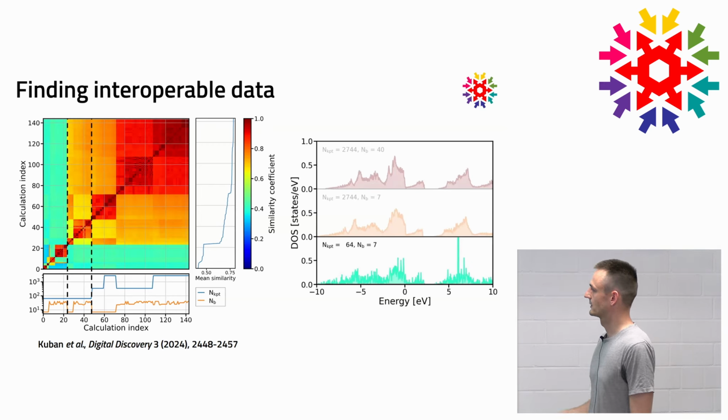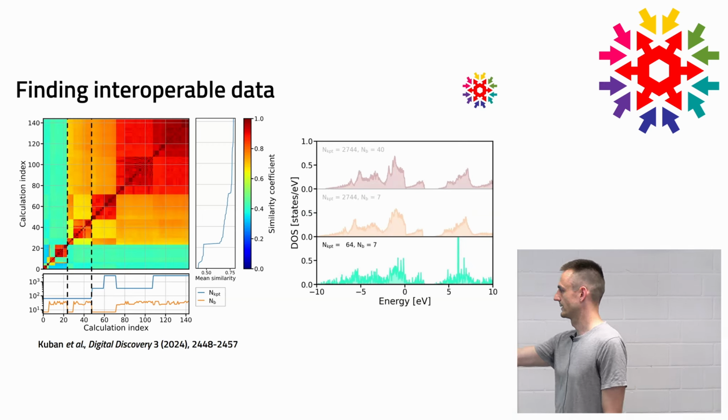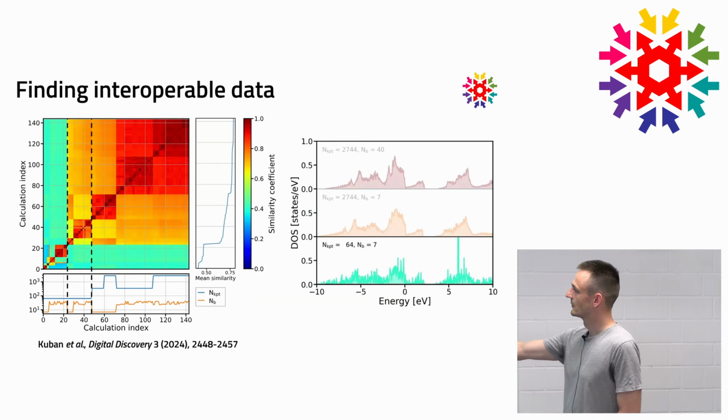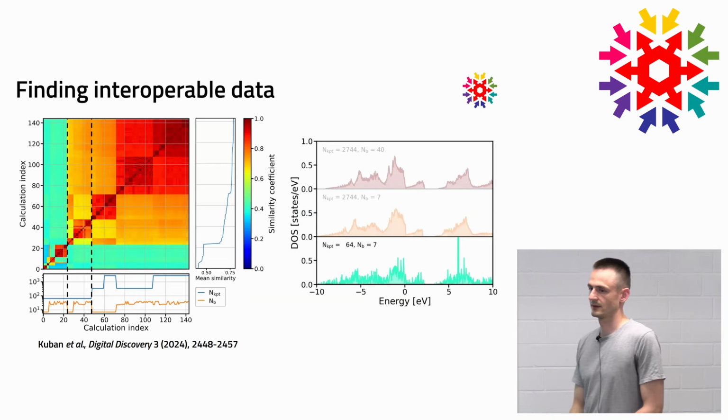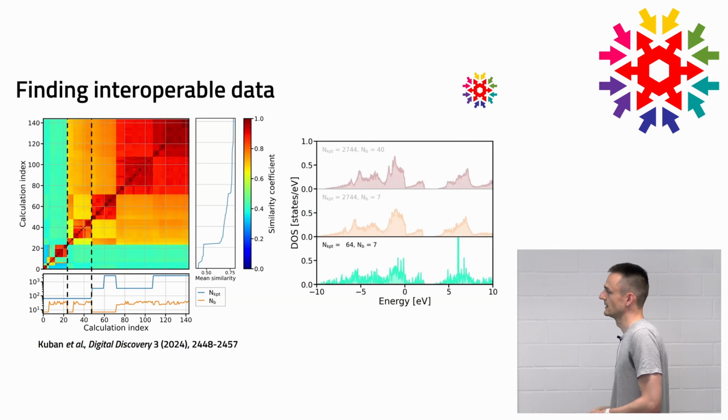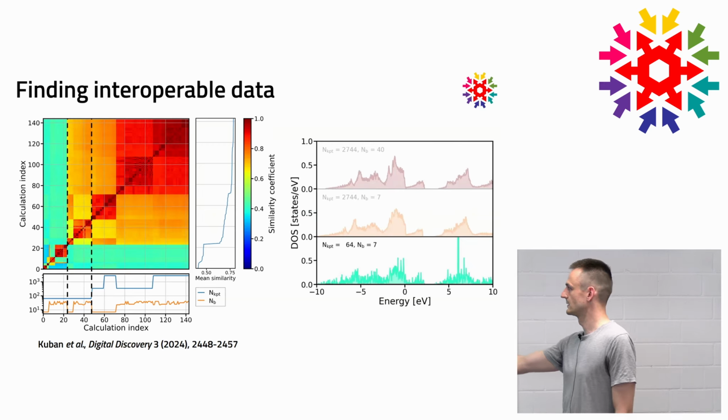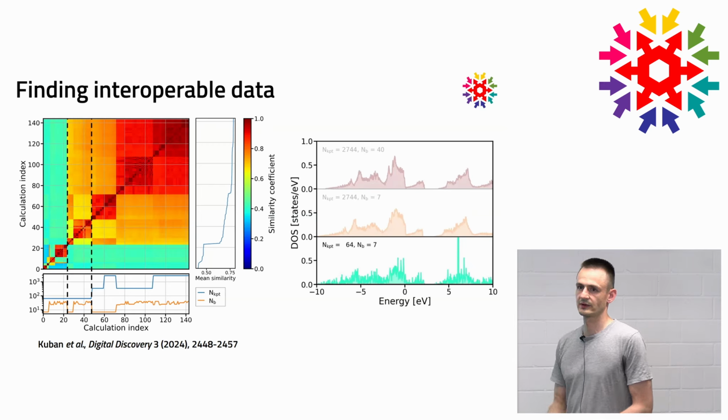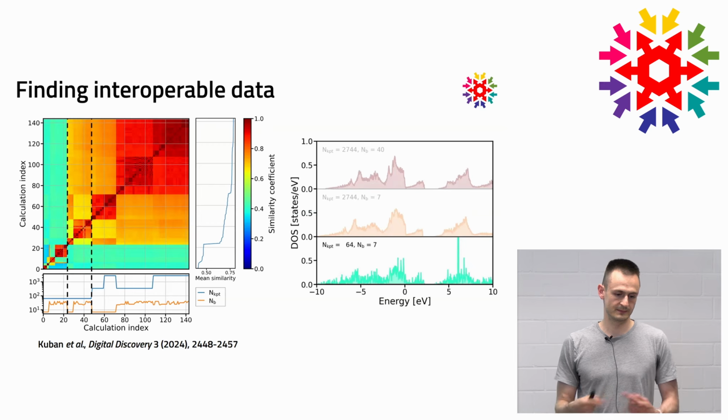What is more interesting, though, is that we found another block that has almost the same structure as the first block. So there are still very few k-points used, but the number of basis functions changes. But this one has a higher similarity to the rest of the data. After we looked at the original data, we found that for these calculations, they use a scalar-relativistic approximation for treating relativistic effects of the core electrons.